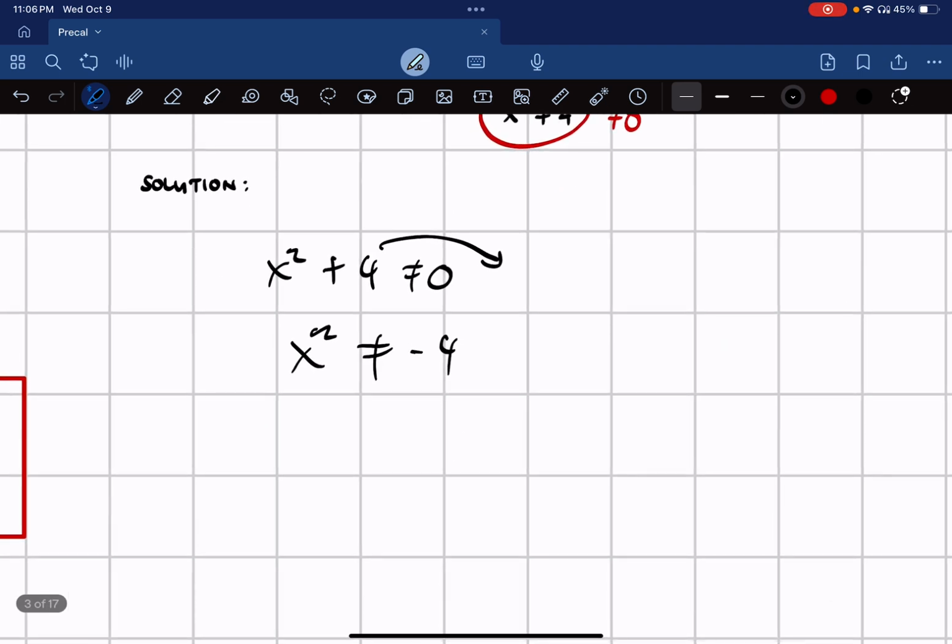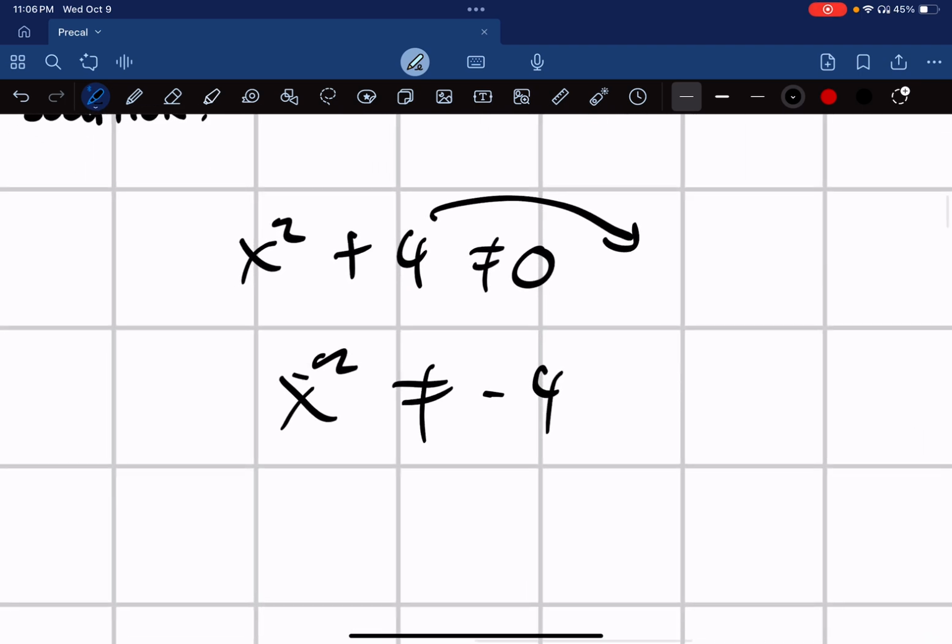However, as you can see, our x is squared. Do you think any value squared can output negative 4? No, since anything squared is always positive. Meaning, this restriction is nonsense, because there are no real numbers that can be input to x squared to give a negative number.